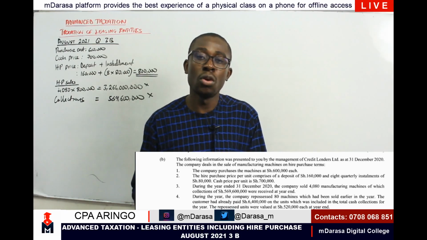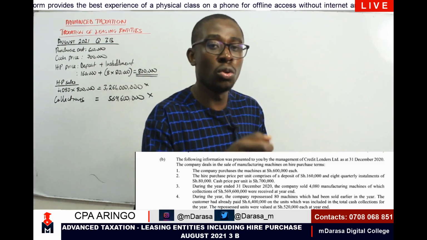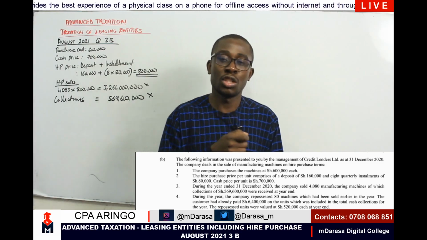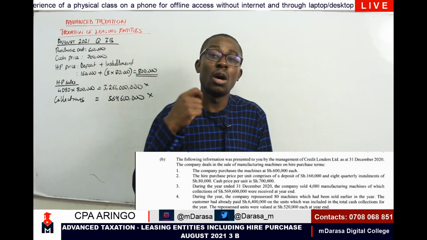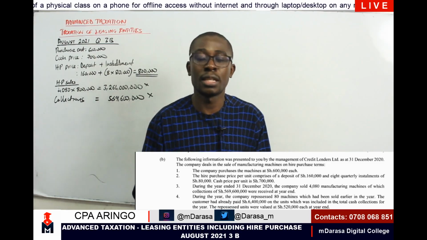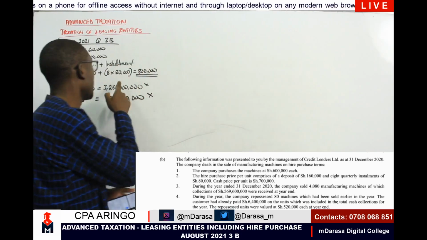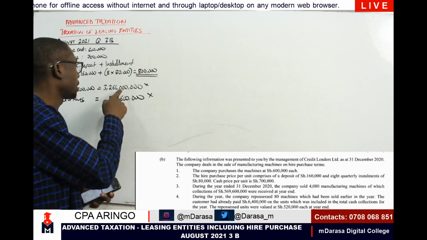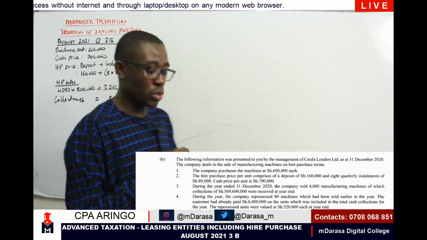And therefore, it was the duty of the company to go and repossess these machines. But remember, there were amounts which were already collected from these customers. At the same time, in our figure here, we had counted that amount for these repossessed goods.